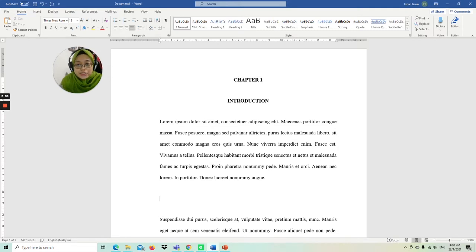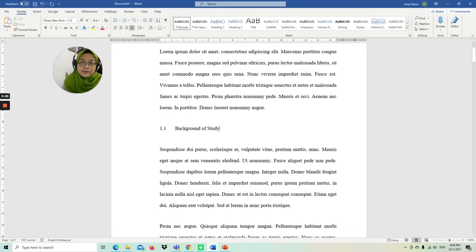What people usually do is type it yourself, 1.1, and if you follow my formatting, 1.1 is Background of Study. Pay attention to the first word of each subtopic.